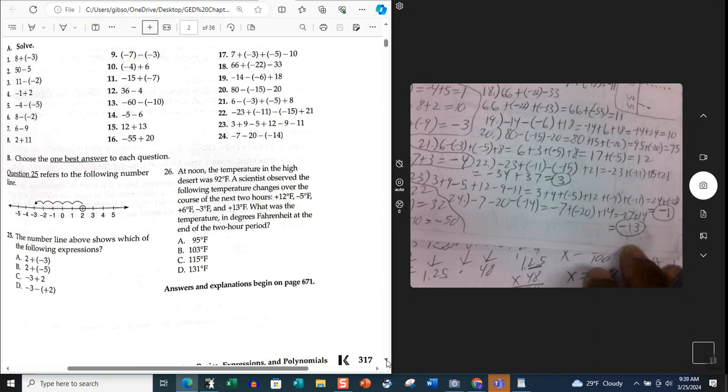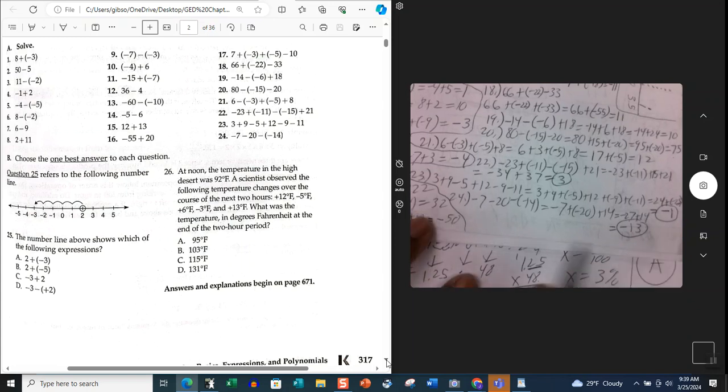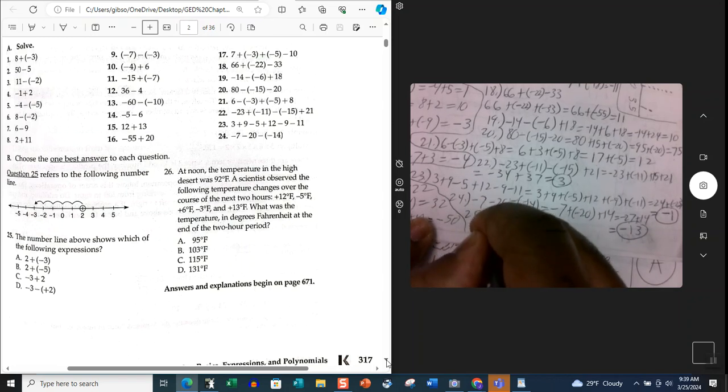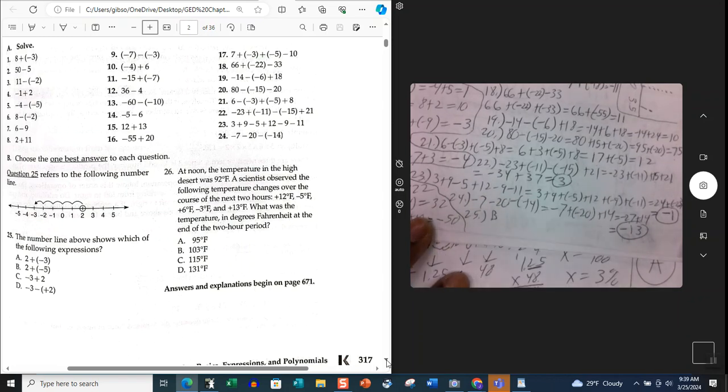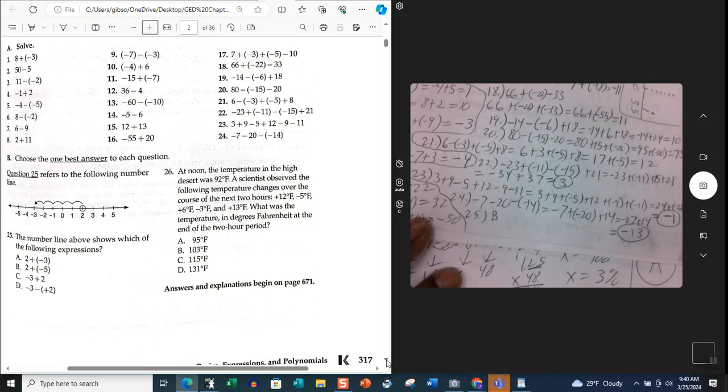But we start with positive 2, and we go 1, 2, 3, 4, 5 to the left. So that means that we're going to do 2 plus a negative 5. So 2 plus a negative 5 is B. So your answer for 25 would be B. Because remember, we started with 2, and we moved 5 to the left, which indicates a minus 5. All right, so that took care of problem 25, which is B.